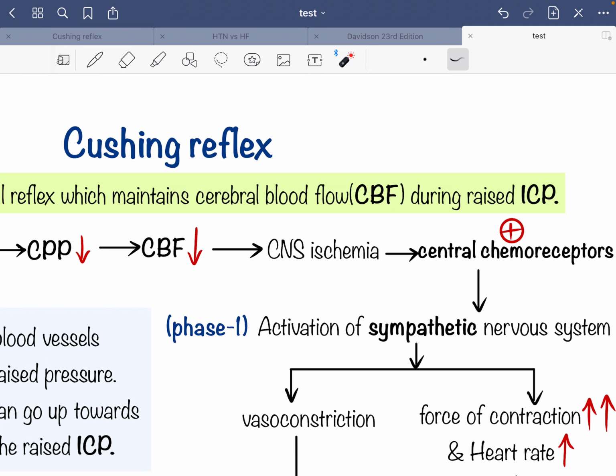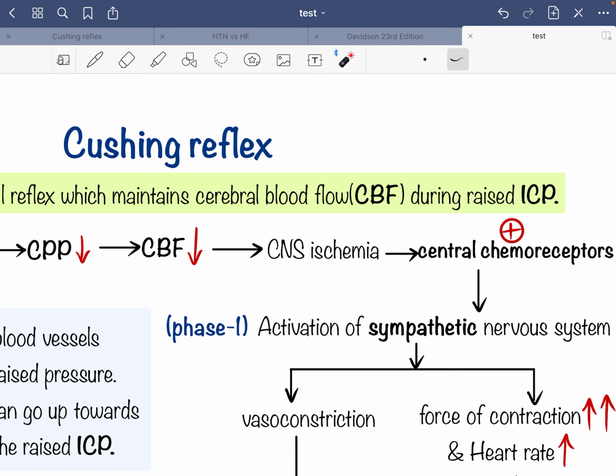The central chemoreceptors located in our brain will be activated. They are able to detect that the brain is getting less blood. The central chemoreceptors will detect this abnormality and send a signal to the vasomotor center: please take urgent action to help the brain from being damaged.